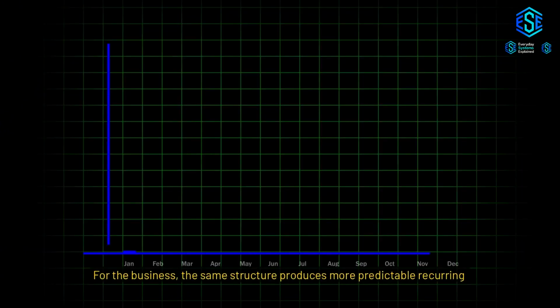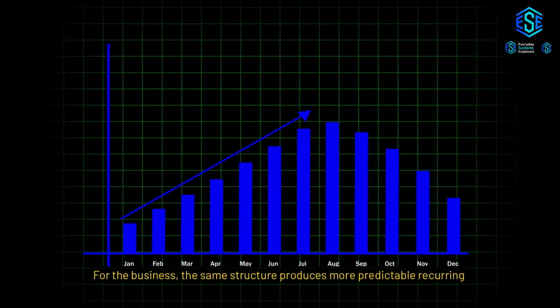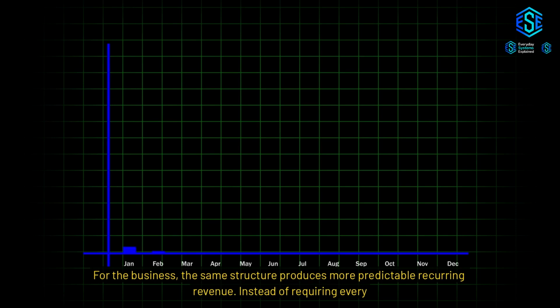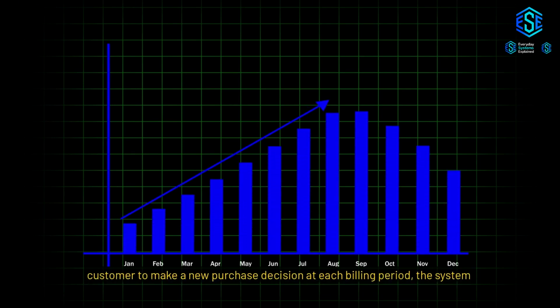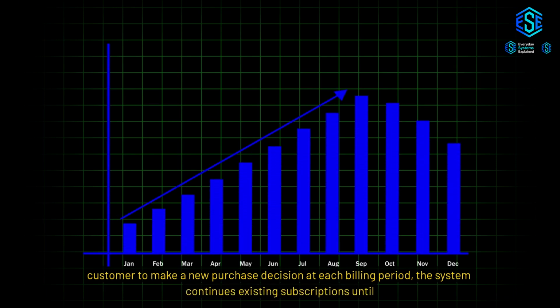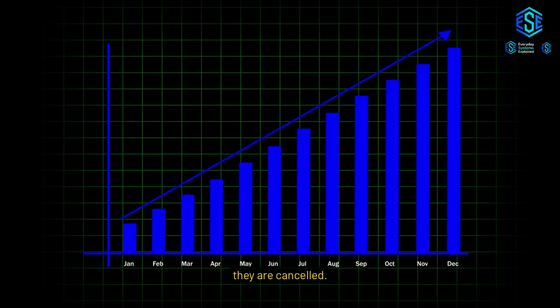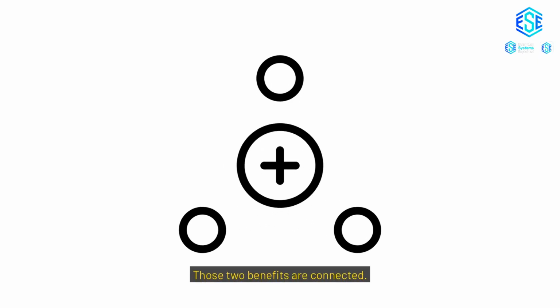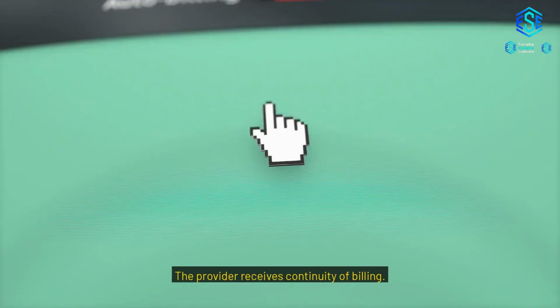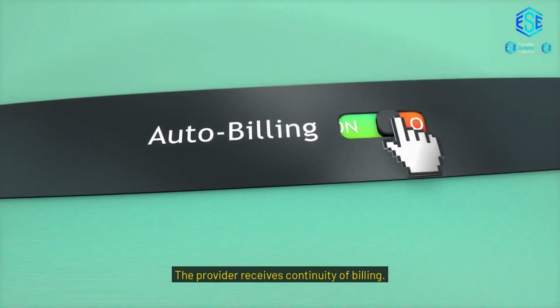For the business, the same structure produces more predictable, recurring revenue. Instead of requiring every customer to make a new purchase decision at each billing period, the system continues existing subscriptions until they are cancelled. Those two benefits are connected. The user receives continuity. The provider receives continuity of billing.